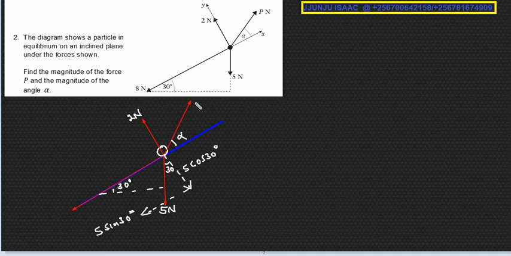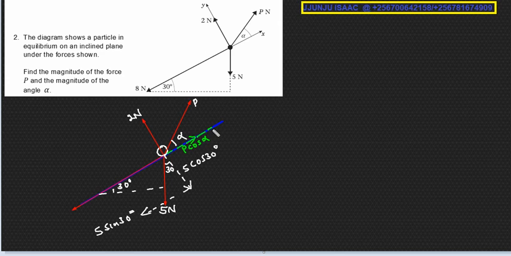So up we have these 2 newtons. Now let us see this force P. This force P is acting along this direction at an angle of alpha to the plane. So what we shall do is also to resolve it along and perpendicular to the plane. So P, you take this direction. So this side is adjacent to the angle, so it is P cos alpha.